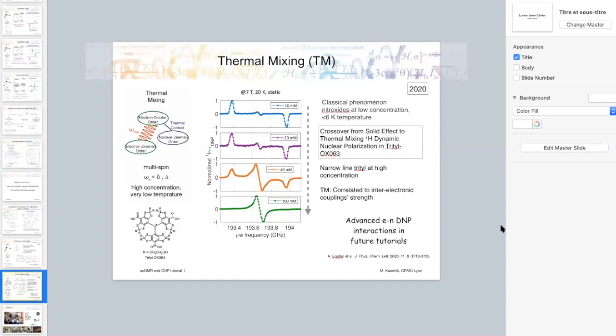Okay, so thank you so much for the presentation. It was so good. And I wanted to ask you, how does the polarity, viscosity, or the optical clarity of the solvent influence the signal enhancement of the sample that you are measuring? That's a very good question, and it does influence a lot. The first thing is optical clarity.